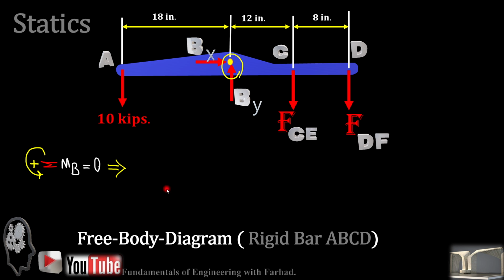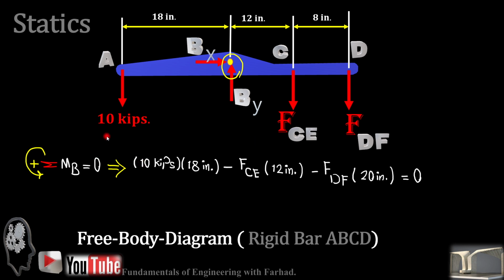If we write the moment equation about point B equal to 0, we have the force at A, which is 10 kips counterclockwise, which is positive, times the distance arm of 18 inches, minus FCE, which is clockwise, so negative based off our arbitrary direction, times 12 inches, the distance, minus another clockwise moment, FDF times the arm from B, which is 20 inches.